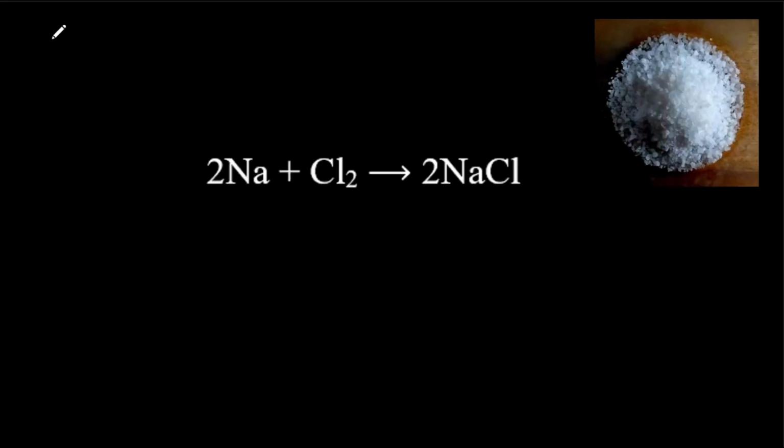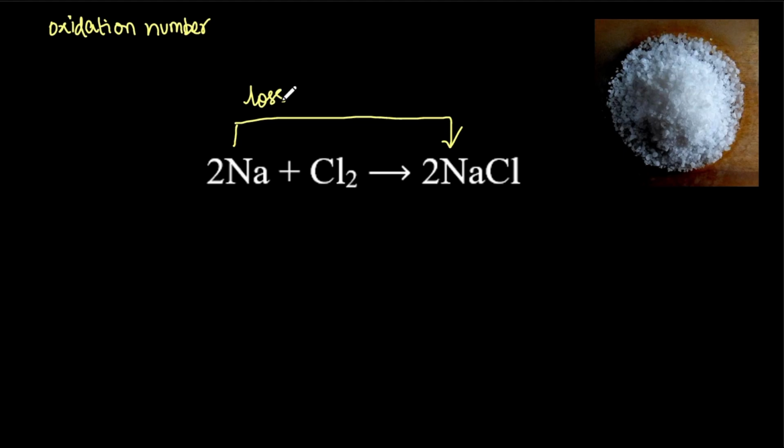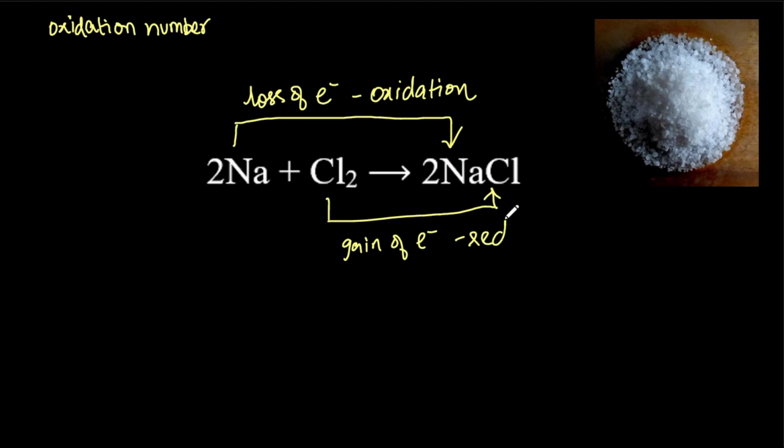Now we saw the concept of oxidation number, and with it we are going to relate oxidation and reduction. Let us take the same example. For sodium, there is loss of electrons and oxidation takes place. For chlorine, there is gain of electrons and reduction takes place.